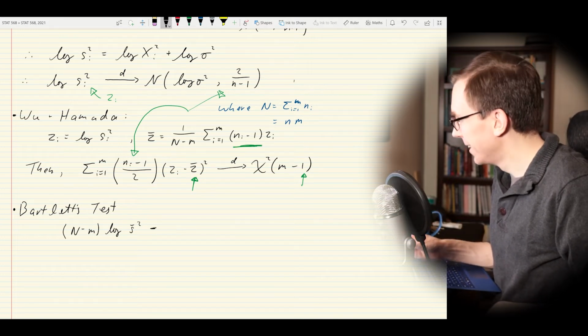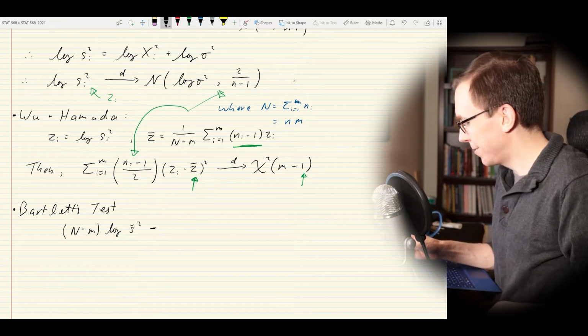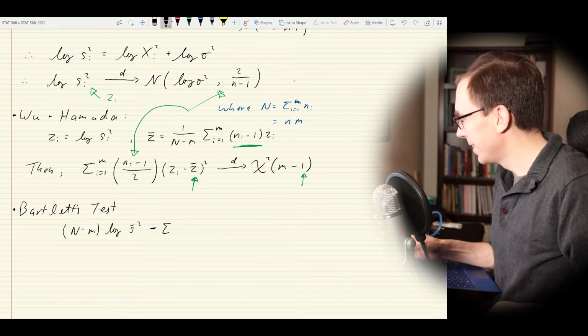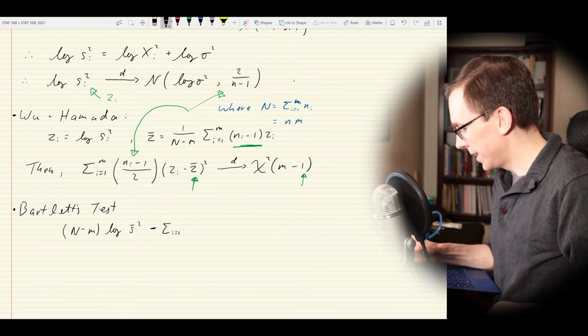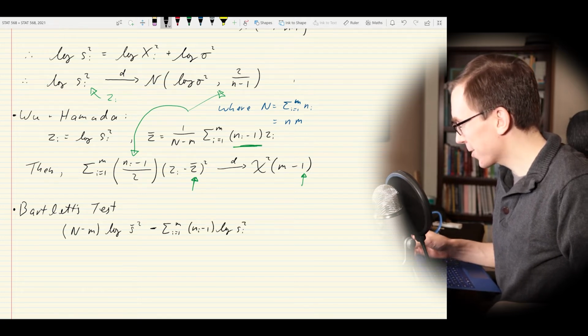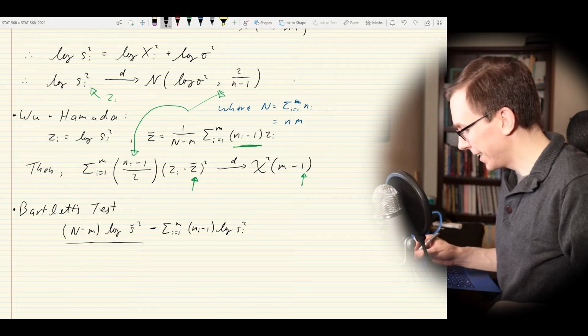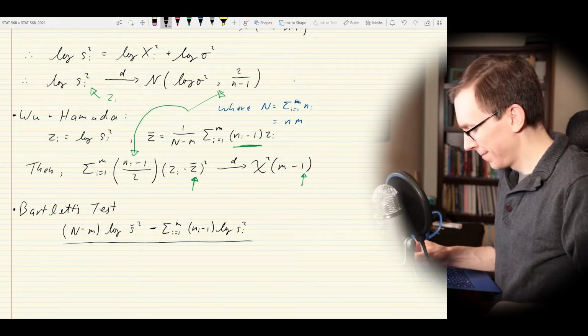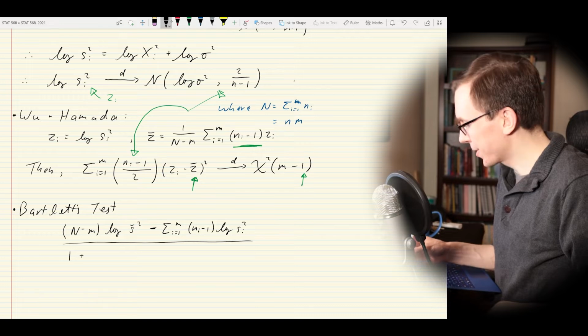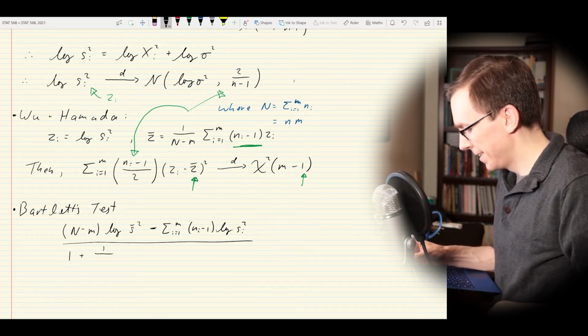Anyway, we have that, and then we're going to subtract off the sum i from 1 to m of n_i minus 1 times log s_i squared, and we're going to divide that by some crazy term, which is going to look like this.